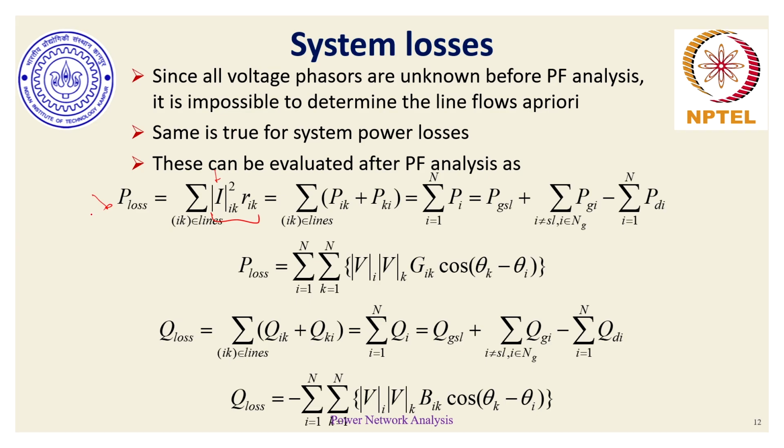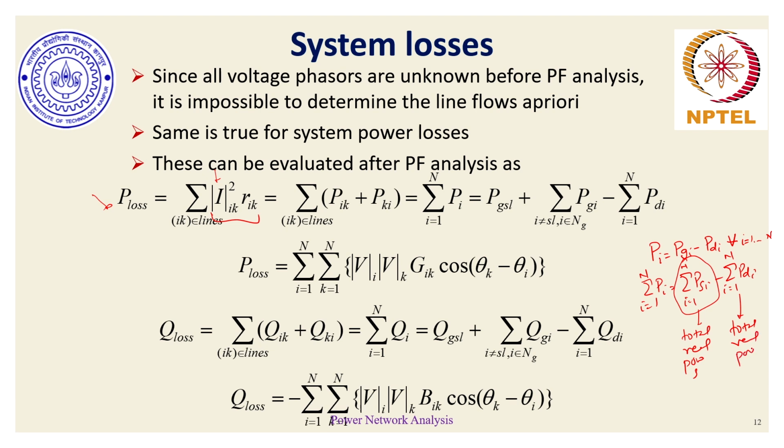The system loss is also equal to... So, basically, if I were to mention here that by power flow, we are ensuring that PI should be equal to PGI minus PDI for all buses in the power network. And if I add all these equations, I would get summation PI, I equal to 1 to N, should be equal to summation PGI minus summation PDI, I varying from 1 to N. This term here in a way represents total real power generation in the network, whereas this term represents total real power load in the network.